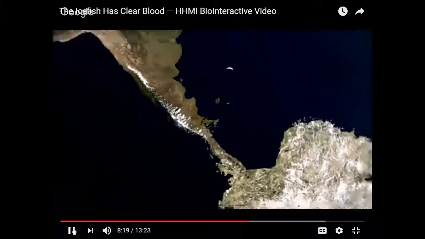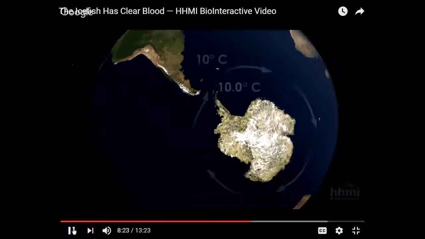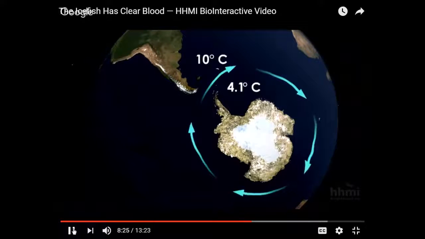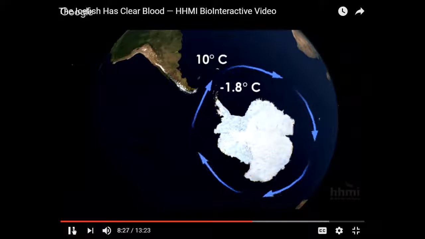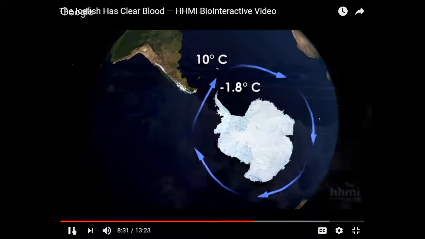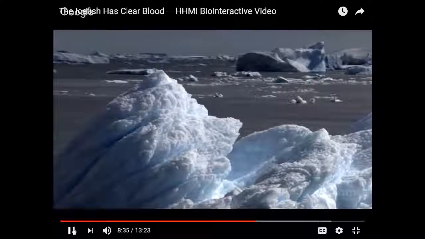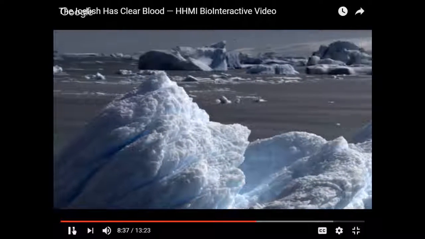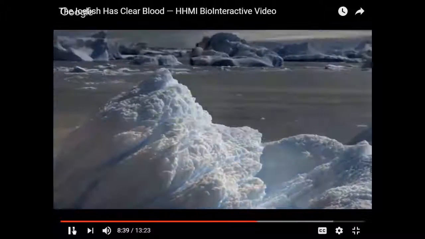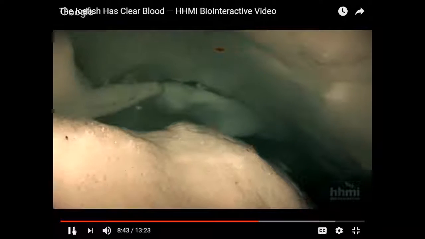But 34 million years ago, Drake Passage opened as Antarctica broke away from South America. Now a continuous current circled the new continent, isolating its surrounding waters. As a result, those waters chilled to minus 1.8 degrees Celsius. So notothenioids and antifreeze evolved in the last 34 million years.